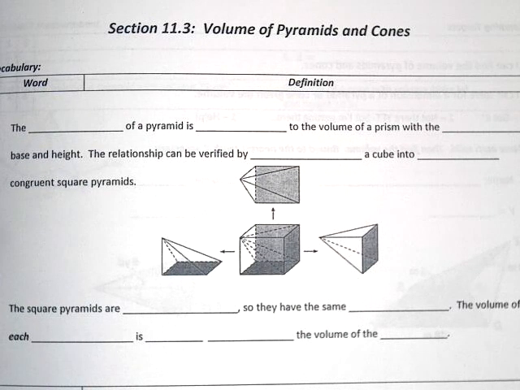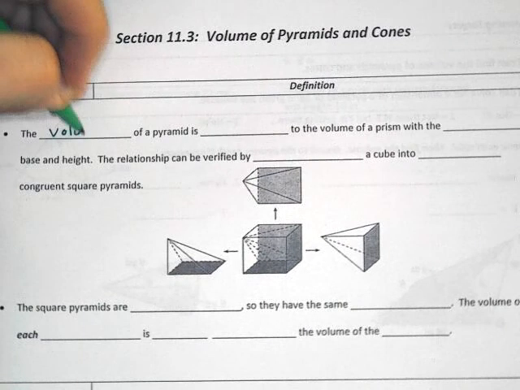On top of that, we can go even further and say that the volume of a pyramid is very closely related to the volume of a prism. Same thing with cones and cylinders. So everything ties itself nicely together. Hopefully by the end, when we're getting ready to take our summative, you're going to see these connections, and it's going to be easy for you to put all of this together. So here we go.